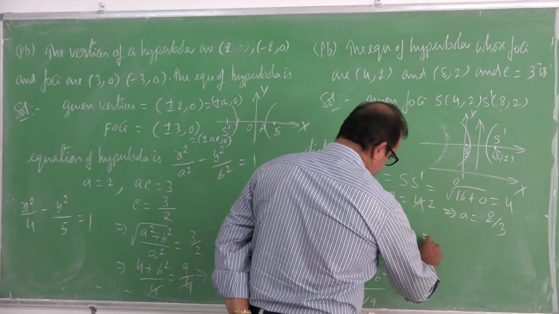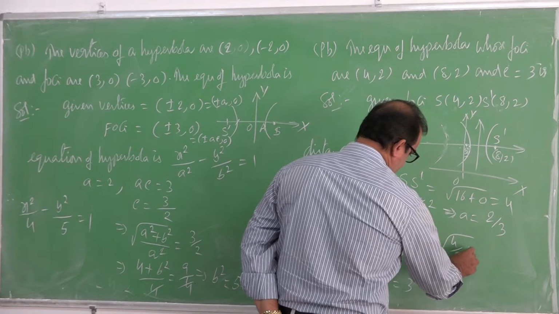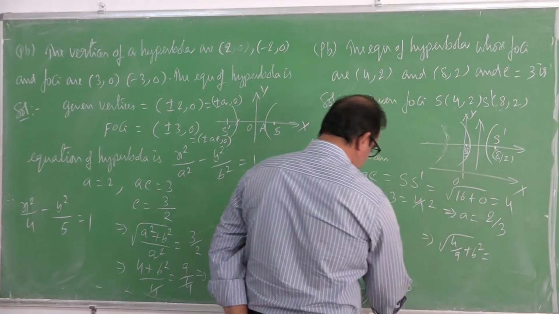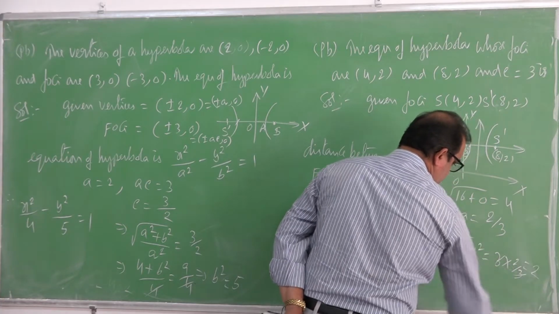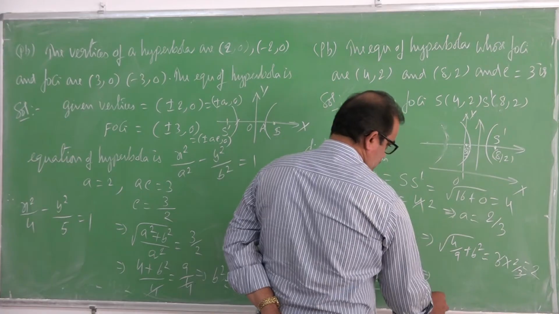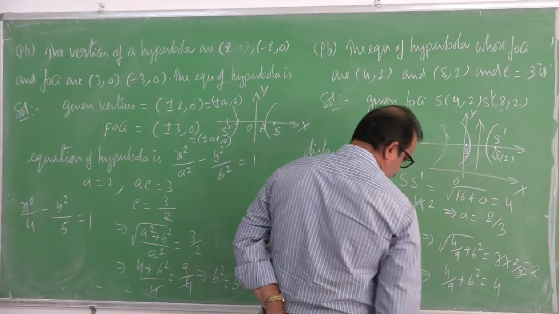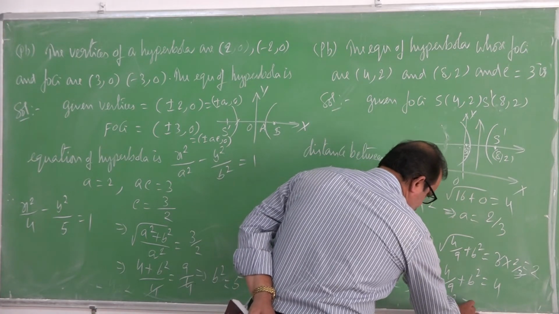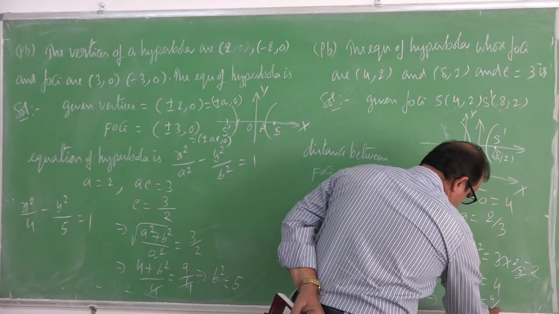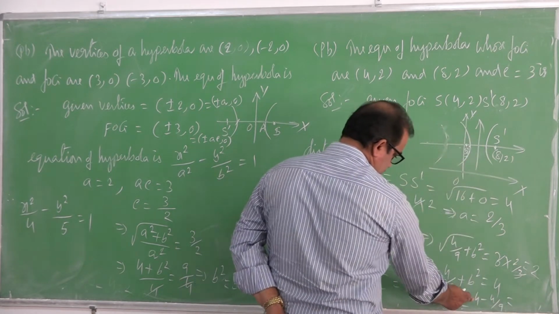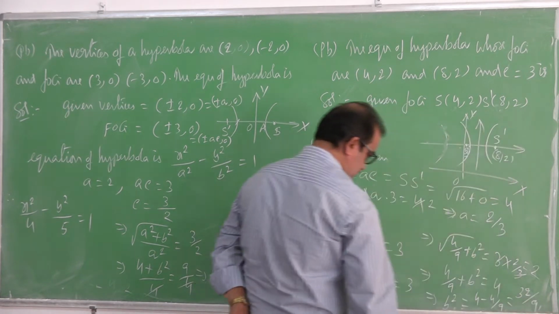On cross multiplying, root of (4 by 9 plus B square) is equal to 3 into 2 by 3. 3 cancel, we get 2. Now squaring on both sides, 4 by 9 plus B square is equal to 4. From this b square is equal to 4 minus 4 by 9, 4 into 9, 36 minus 4, 32 by 9, that is b square.